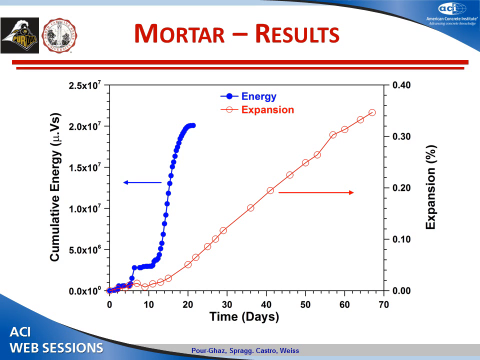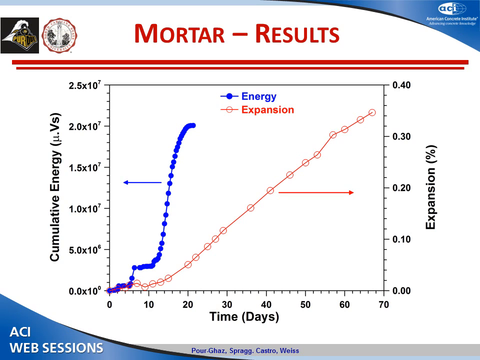Here are the results from acoustic emission testing on mortar. The hollow circles here are the length change expansion, and the result of that is shown on the y-axis on the right. On the x-axis you have time in days, and on the y-axis on the left, you have acoustic emission energy, which you can interpret as the energy absorbed by the sensors.